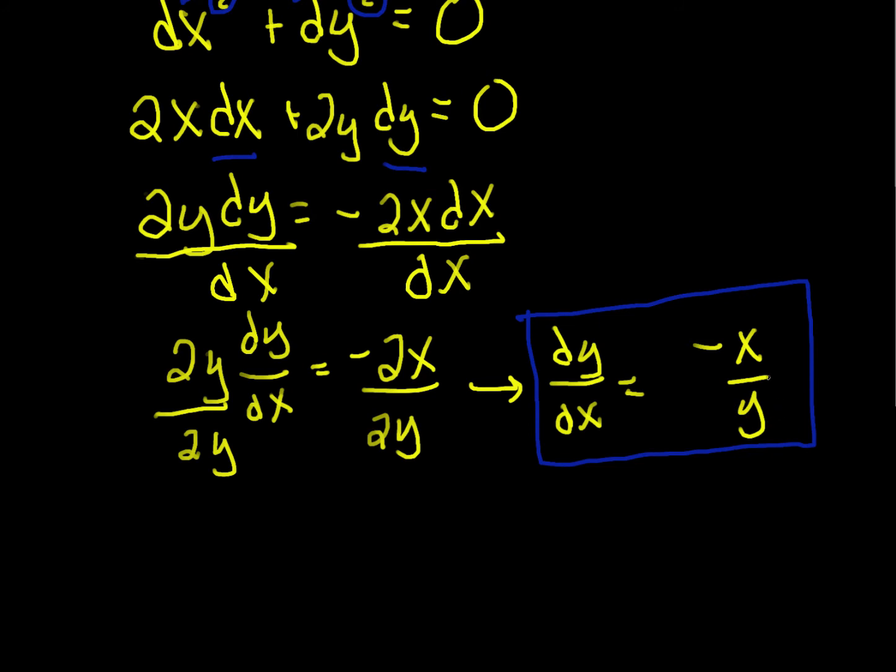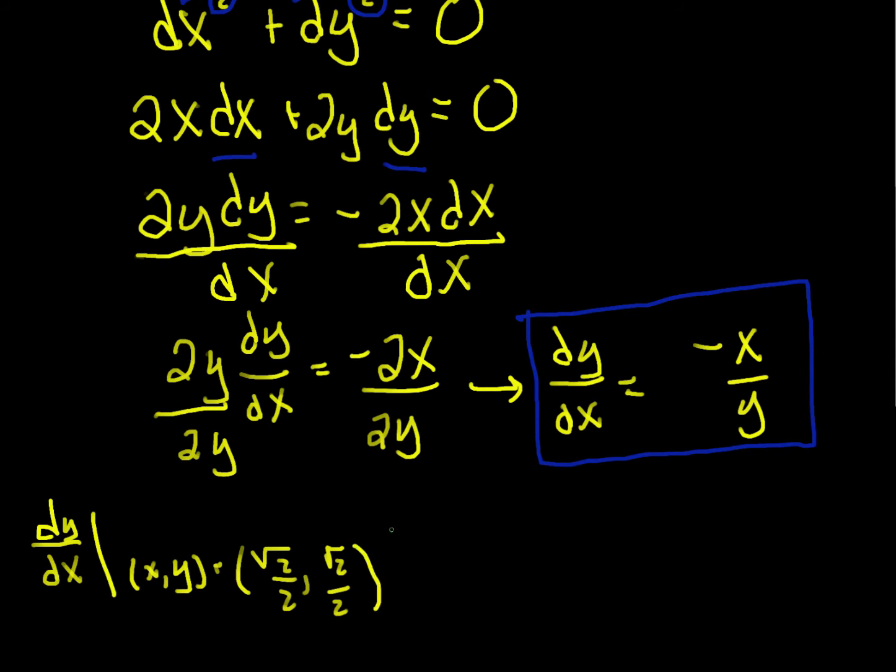And so at the point that I'm interested in, at the point root 2 over 2, I can calculate that the slope of the curve dy dx at the point x, y equal to root 2 over 2, root 2 over 2, is equal to, so I'm going to put root 2 over 2 in for x and root 2 over 2 in for y, since they're actually the same here.